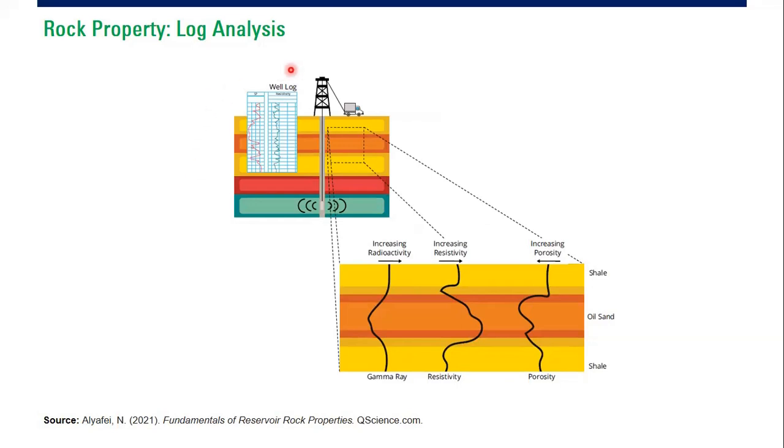We have a measurement named logging, and from this logging, we get information regarding the radioactivity, for example, if we use gamma ray, and then the resistivity to distinguish between hydrocarbon layer or water zone, and also porosity, and later on we can calculate the water saturation and also the permeability.